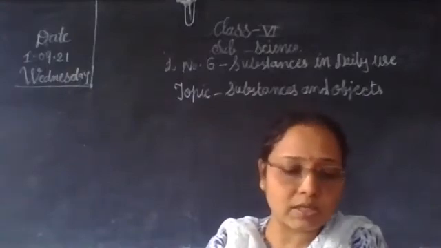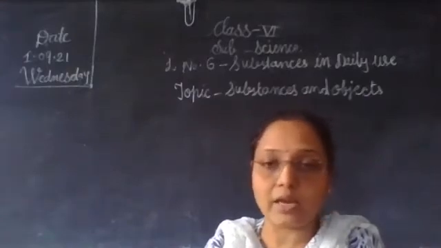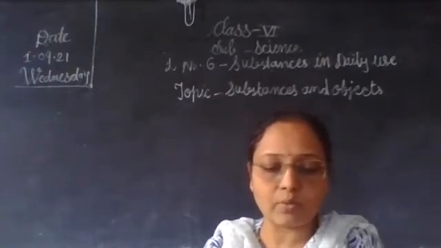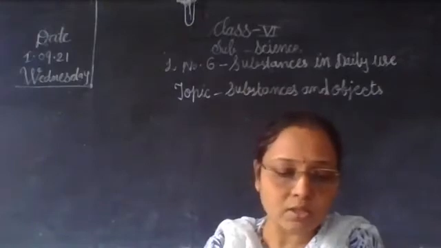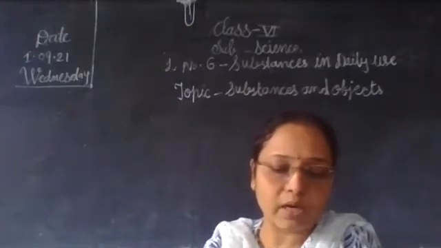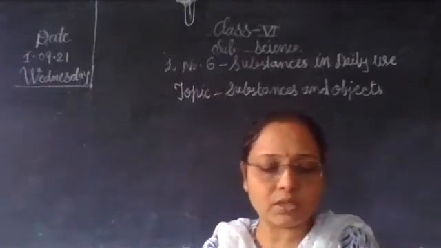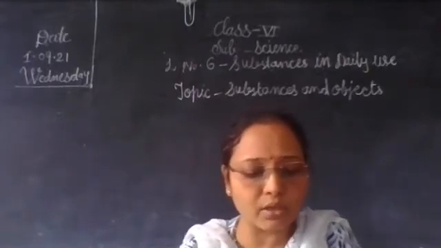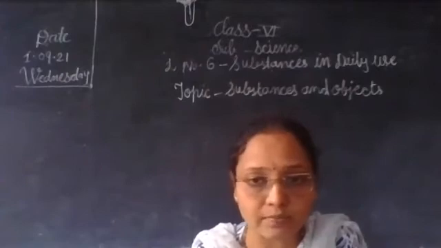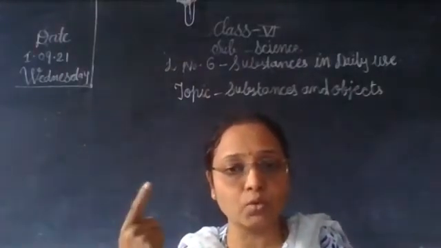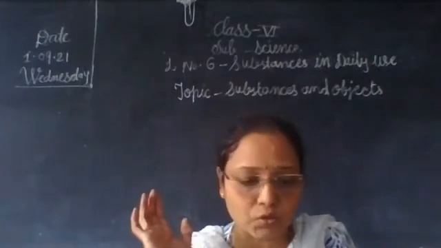Also, these substances can be given a desired shape. It means we consider the properties of substances to use them for making things. The same substance or material can be used to make many objects. एक ही substance है, that one substance we can use to prepare many things.